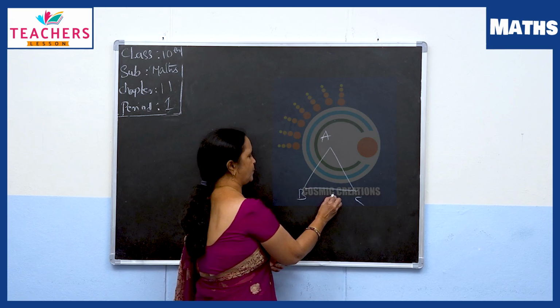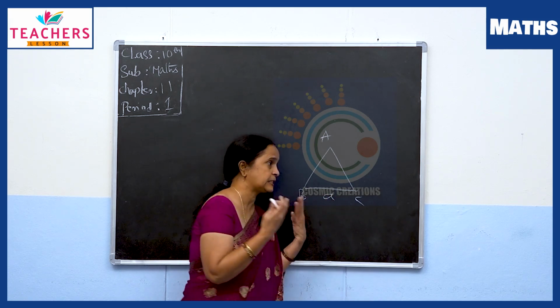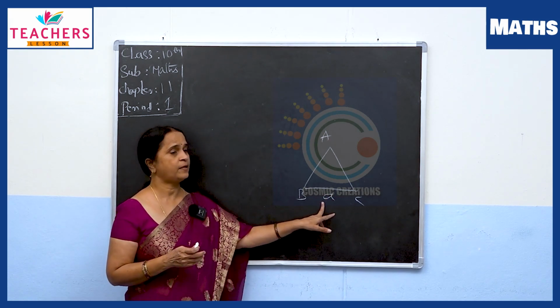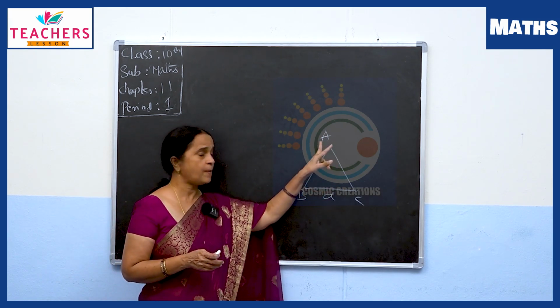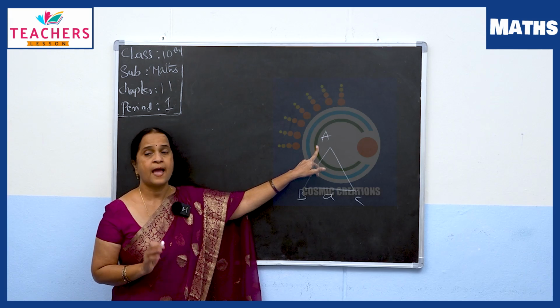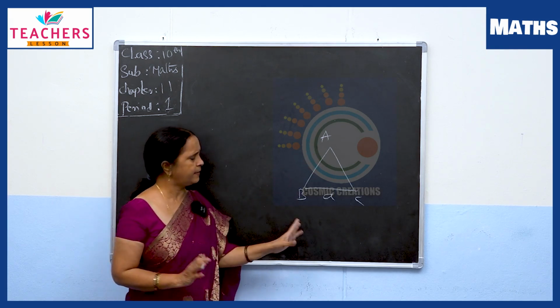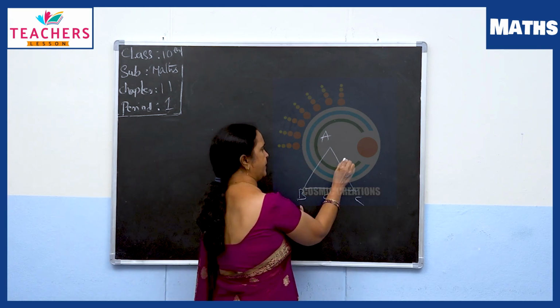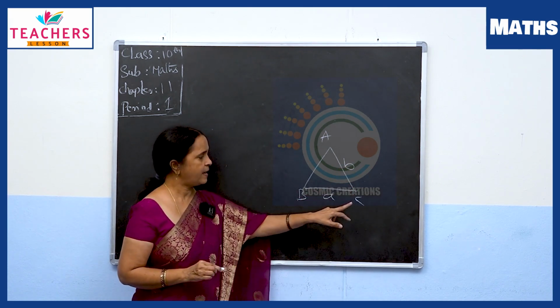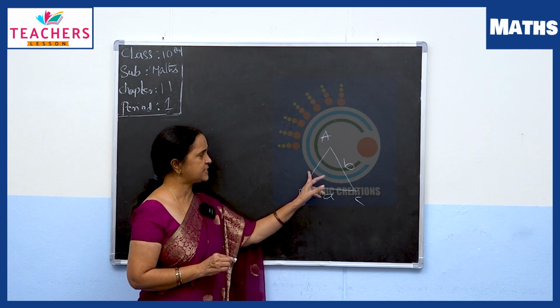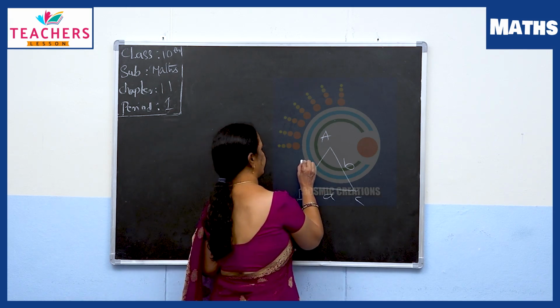You can take x, or small a. The side BC is opposite to angle A. Similarly, opposite to angle B, the length AC would be b. And opposite to angle C, very good.